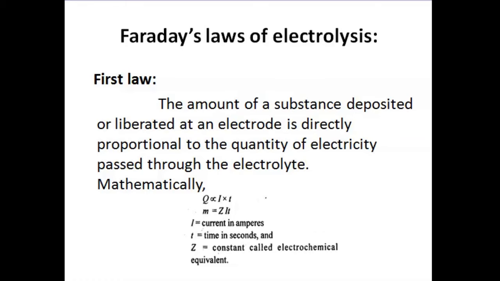So in mathematical representation, Q is directly proportional to I into T. I is nothing but the current and T is the time in seconds, and if we rearrange that, we say it as M is equal to ZIT. Z is the constant, which we call the electrochemical equivalent.